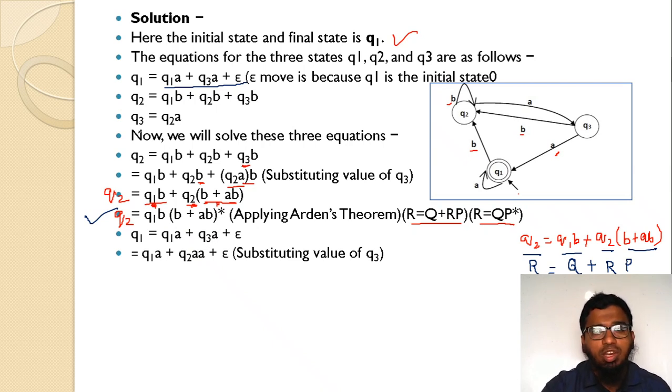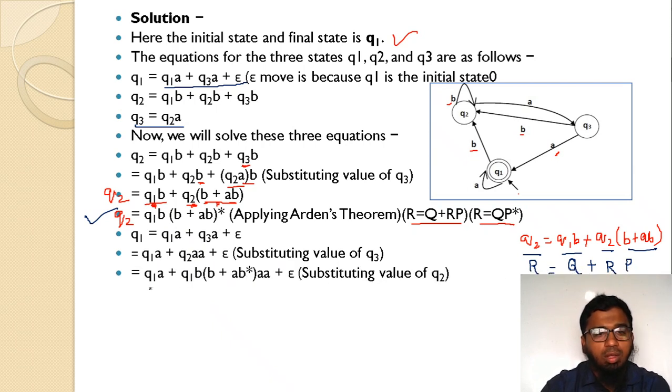What is the Q3 value here? In place of Q3, I am writing Q2A. You can write it in brackets or add it directly here. Next, plus epsilon.